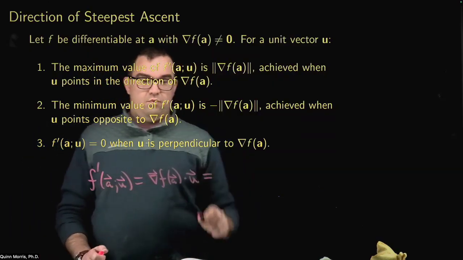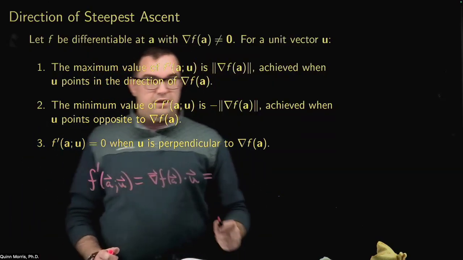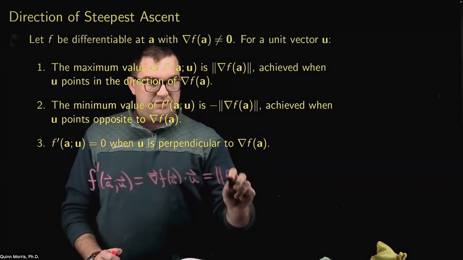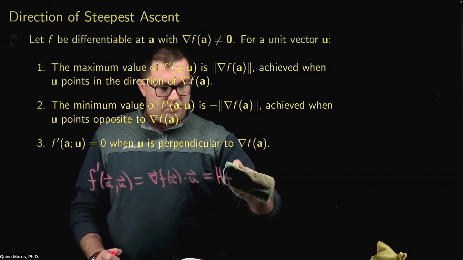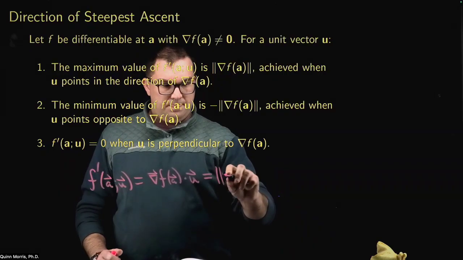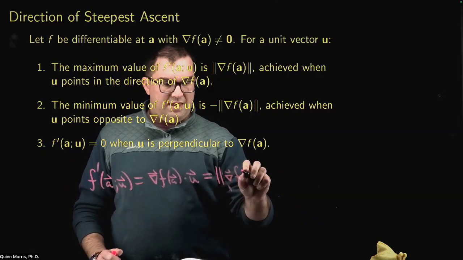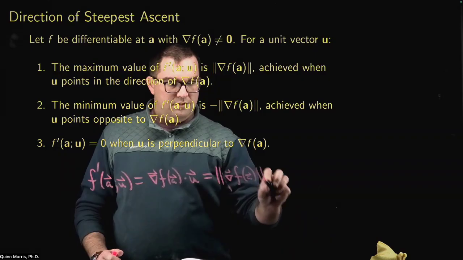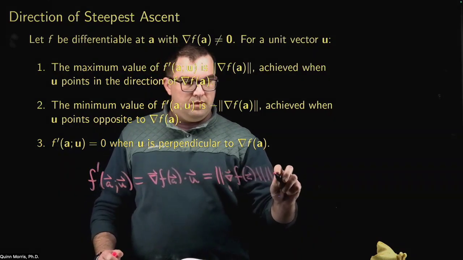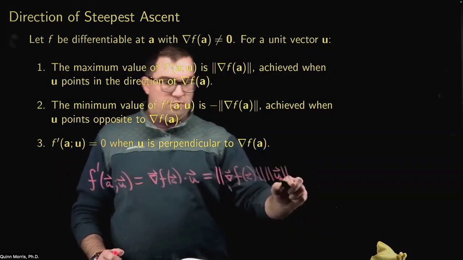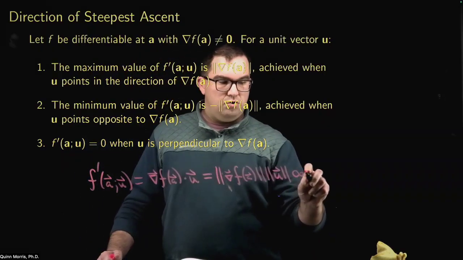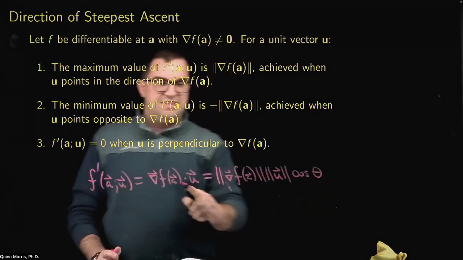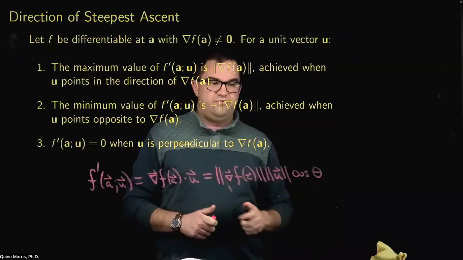And one fact you can use about inner products is that this is equal to the norm of the gradient of f at a times the norm of u times cosine of theta, where this theta is the angle between these two vectors.